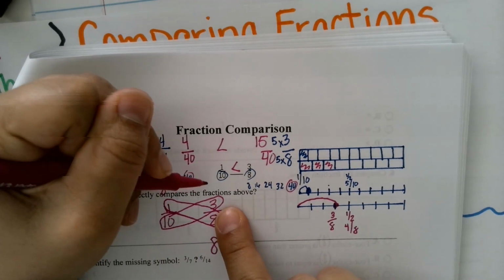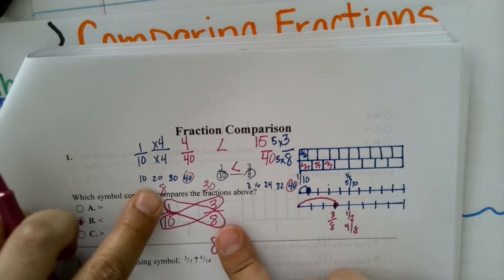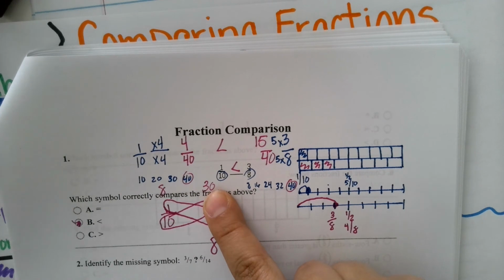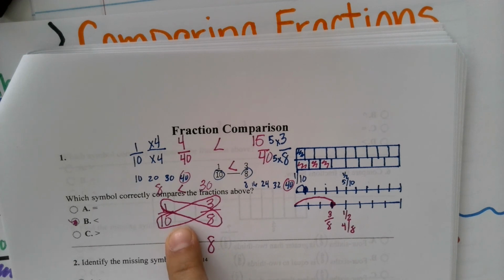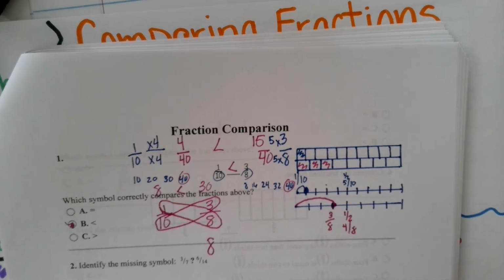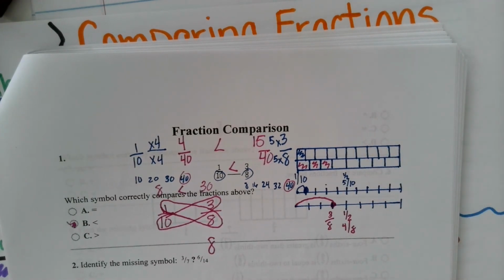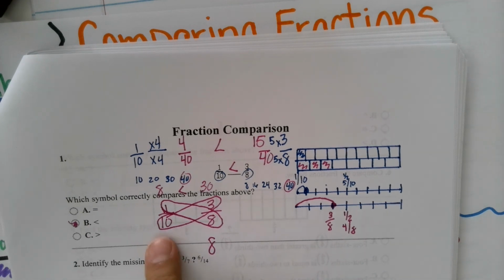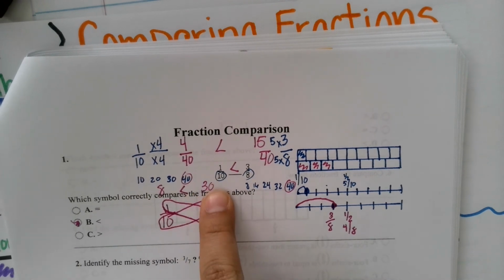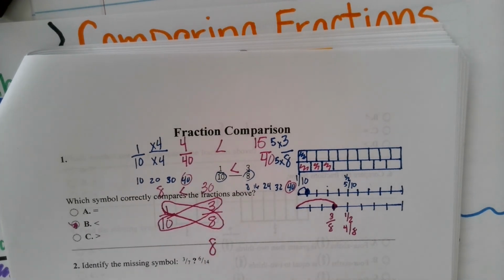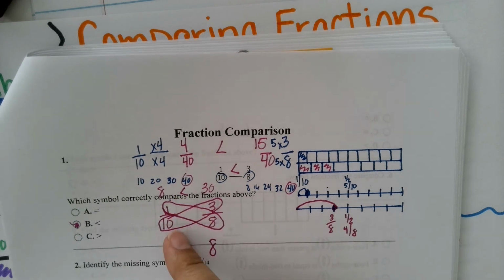And 10 times 3 is 30. So I'm left with 8, and I'm left with 30. 30 is greater. So the butterfly method works, the cross multiplication works, but we teach this so that you can understand why it works. So when we did the butterfly, 10 times 3 is 30, 8 times 1 is 8, 30 is greater than 8, so 3/8 would be greater than 1/10.